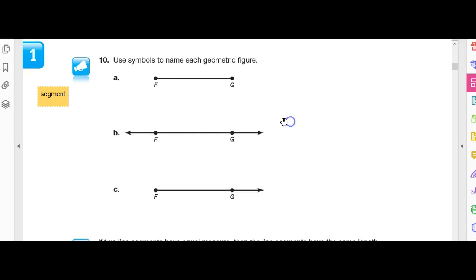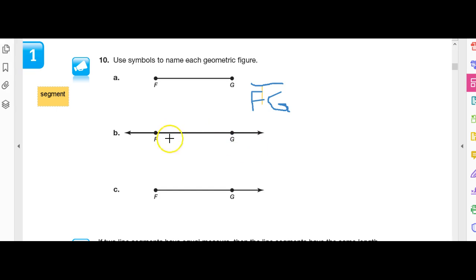Okay, so now we've got to use symbols to name these things. So what do we have here in this first one? Let's draw some of these out. Does it begin and end? Yes, then it's a segment. Let me get back to the freehand tool. We're going to use F and G to identify it, and then it's a segment, so we put the line over it, but we do not put the arrows.